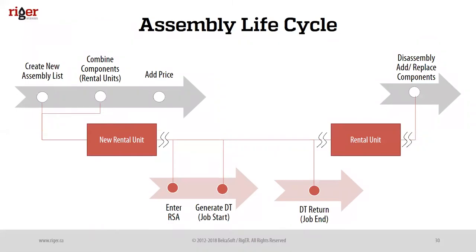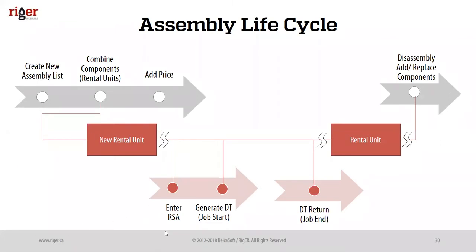The assembly cycle is a little bit different compared to combo units. We need to build it first: create a new assembly list, put all the items together, set up the price, and then we have a new rental unit, and it will be tracked as a normal rental unit. However, sometimes we'd like to know the history of the components, so the history of the components will be available as well.